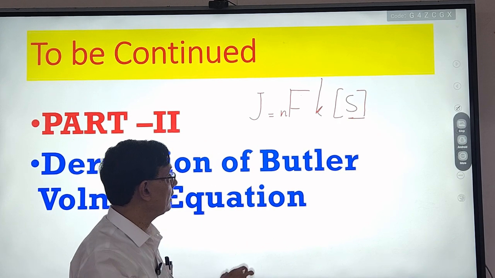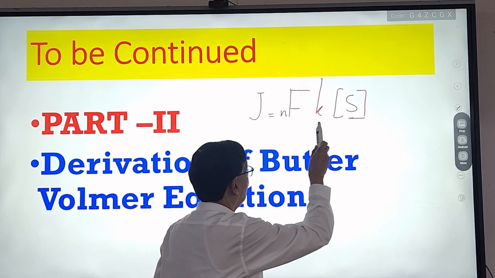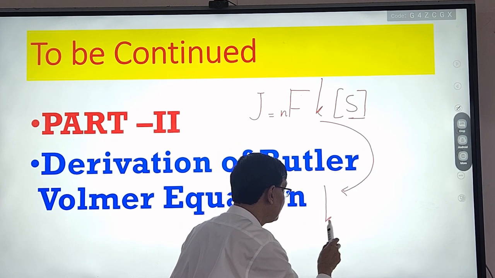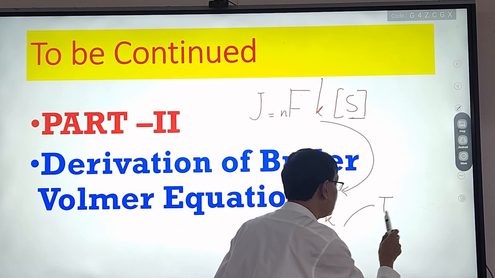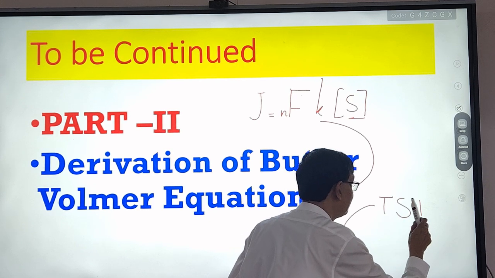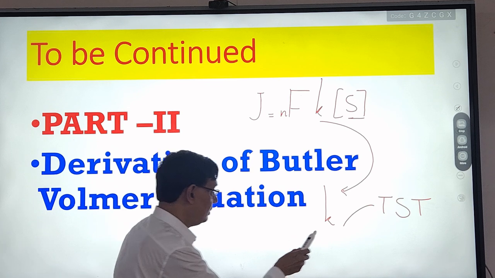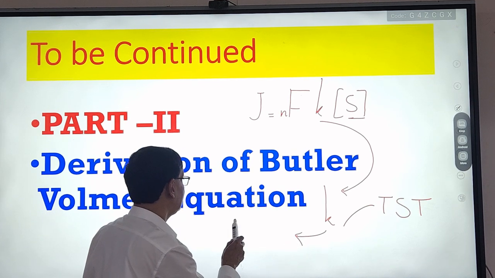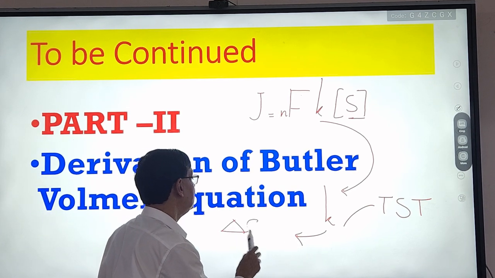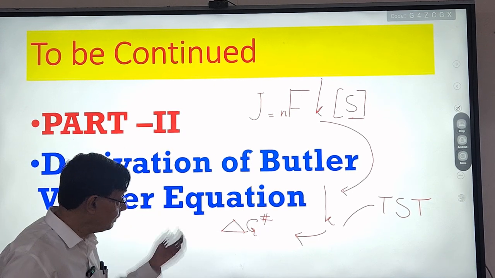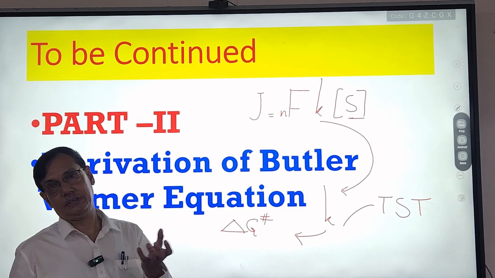So in the Butler-Volmer equation, what I will do is substitute the value of k using transition state theory, because we are using kinetics. And then in transition state theory there is a term free energy of, or in some books they have written the Gibbs energy of activation.